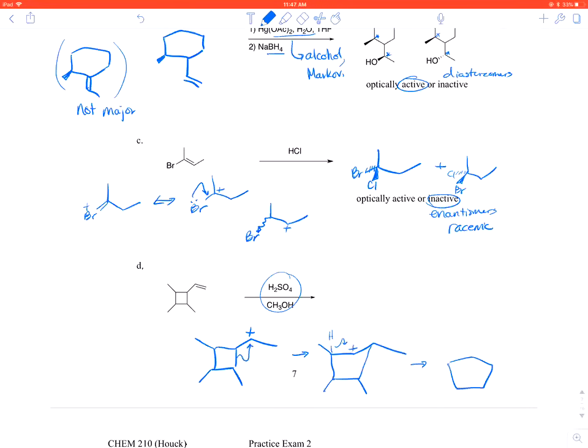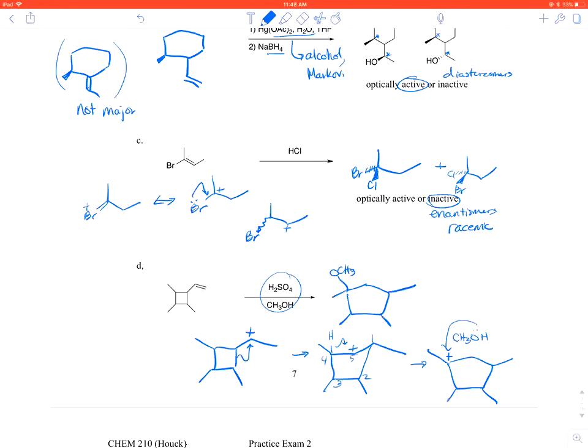Redraw this nicely. 1, 2, 3, 4, 5. And carbon 1 has a methyl group, carbon 2 has a methyl group, carbon 3 has a methyl group, carbon 4 has a methyl group, and now it has the positive charge, at which point methanol will intercept, and ultimately you would get OCH3 here.